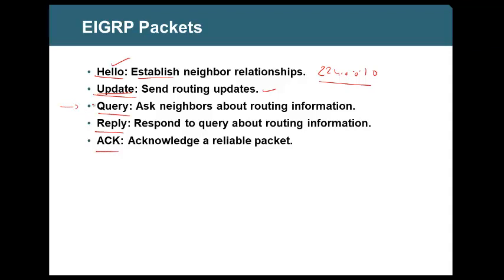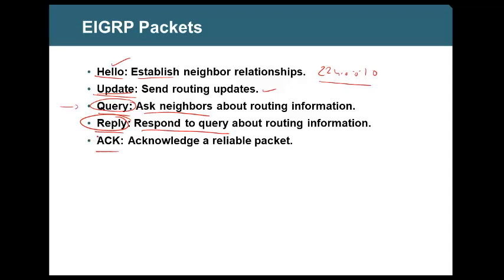If a primary route goes down, and there is no backup route, the routers will start querying whom? The other neighbors. And if the other neighbor knows the answer to the query, they send a reply. So the response to the query is what a reply is.